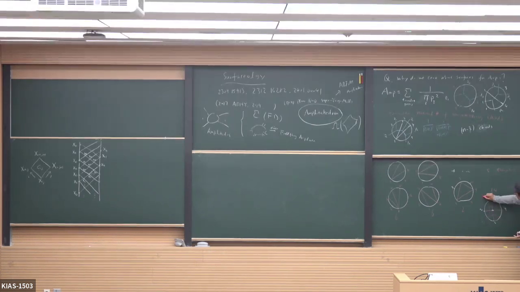Anyway, this is P1, P2, P3, P4. Now the propagator contains loop momentum, right? So if you call this guy L, this guy will be L plus P1 squared, L plus P1 plus P2 squared, and so on. Okay? So this is how triangulation of surfaces works, with not only external marked points, but also punctures representing loops.